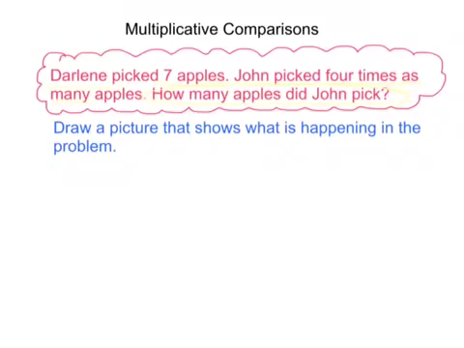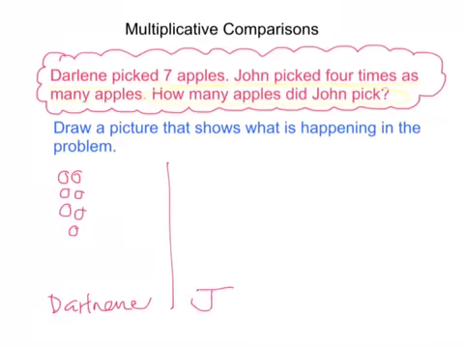So we'll change the color to red for the apples. And I'm going to represent Darlene's apples first. So Darlene, and she picked 7. 1, 2, 3, 4, 5, 6, 7. Now I'm going to represent John's apples.